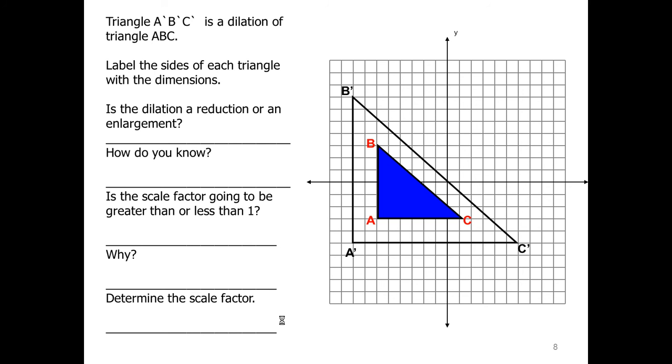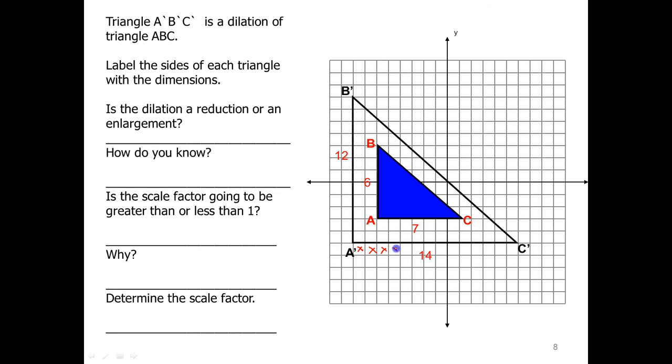Triangle A prime, B prime, C prime is a dilation of triangle ABC. So the first thing they ask us to do is to label the sides of each of the triangles with their dimensions. Now be careful when you're counting up the sides, and sometimes I have students write little X's underneath the side length so that they can count the entire squares.